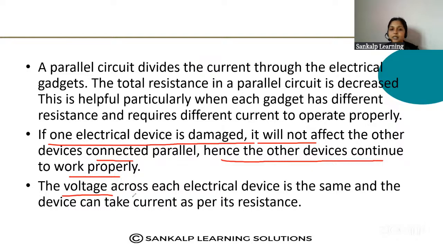The voltage across each electrical device is the same, and each device can take current as per its resistance. The potential difference is the same, but the current is divided, and each device takes the current as per its resistance.